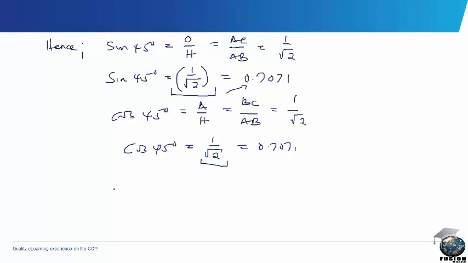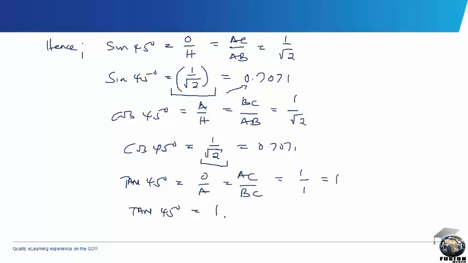Tan of 45 degrees is opposite over adjacent. The opposite side is AC and the adjacent side is BC, both of them 1, so 1 over 1 is equal to 1. So tan of 45 degrees is equal to 1.